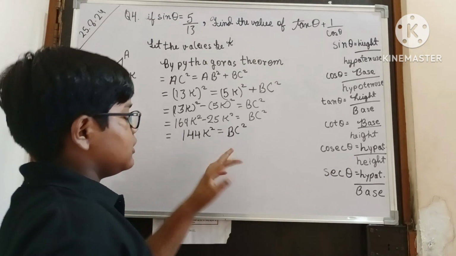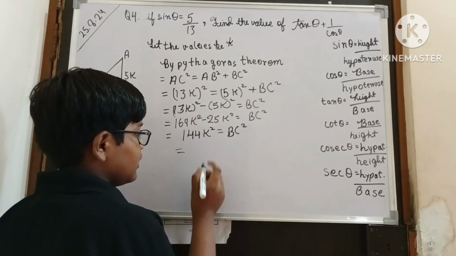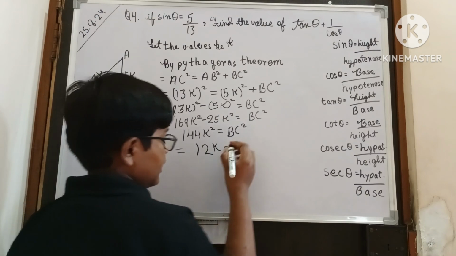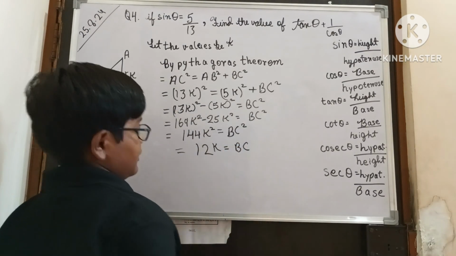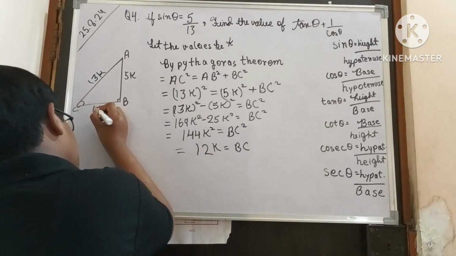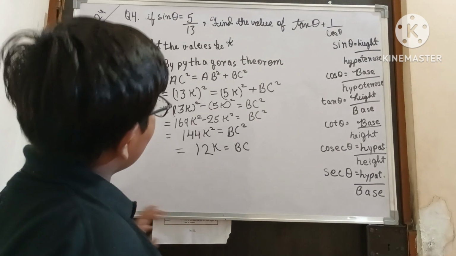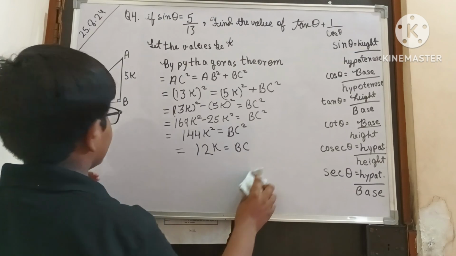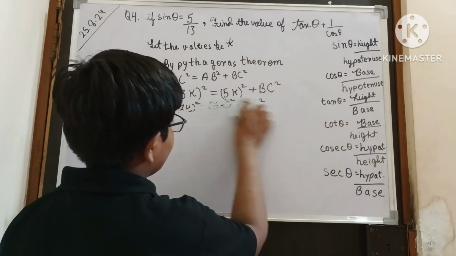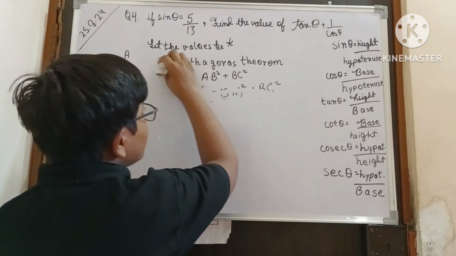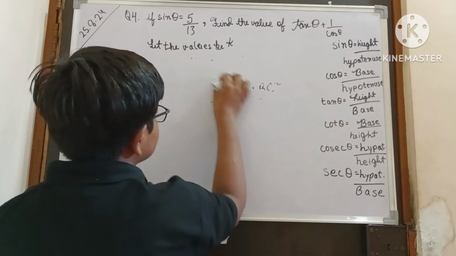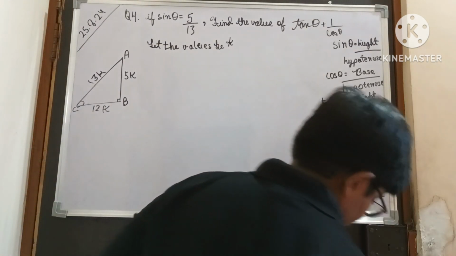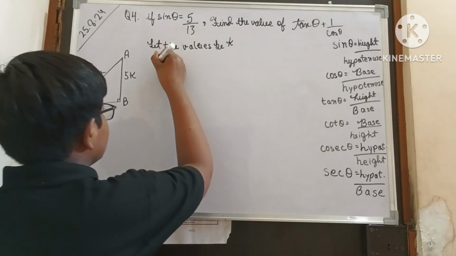So taking the root of these two values, we get 12k as BC. So we have got the value of our base by the Pythagoras theorem, which is 12k. Now we are going to find the value of tan theta and the value of cos theta.